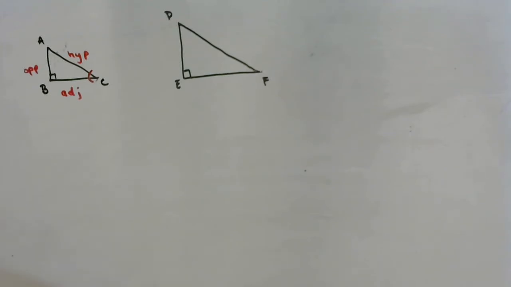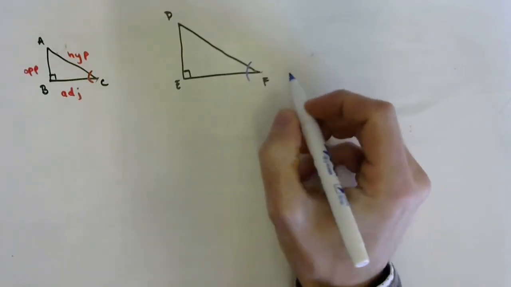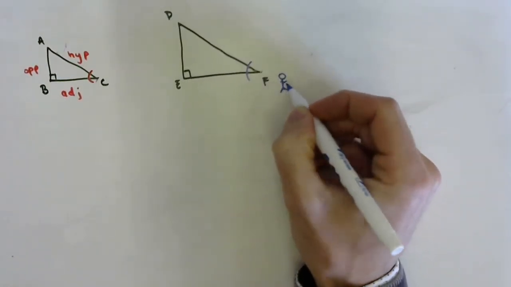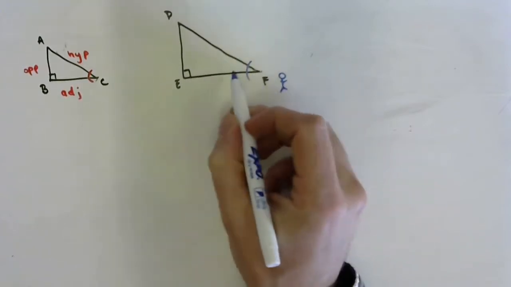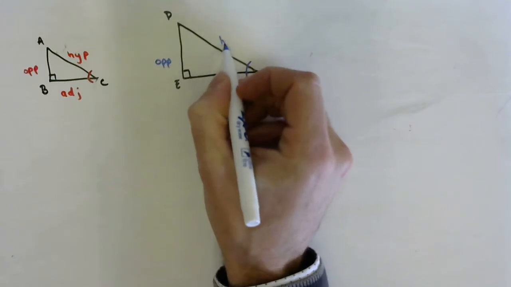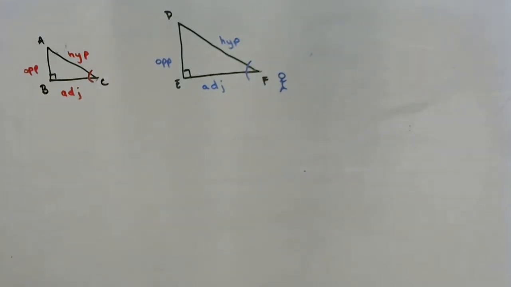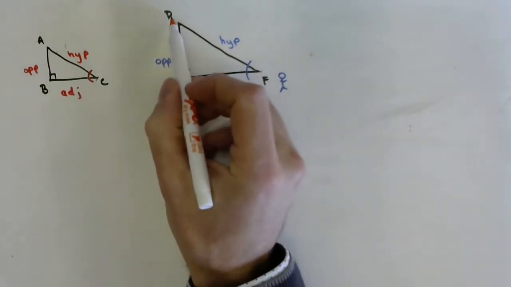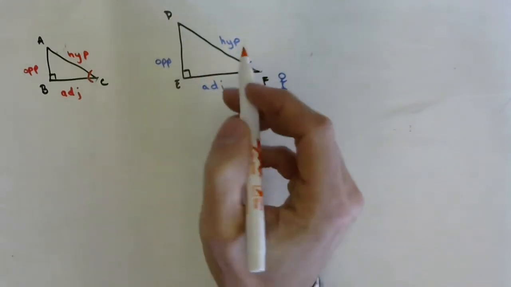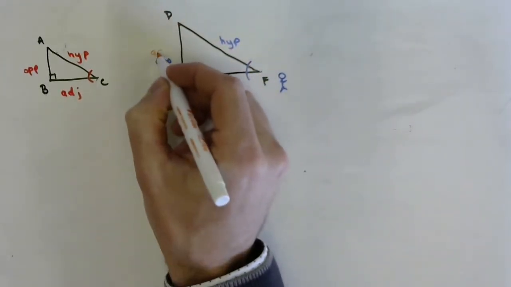Okay? And over in our bigger triangle, we're going to look from angle F. That's another good way to think about this. It's kind of like you're standing over here and you're looking at the triangle from the perspective of angle F, which makes, boom, this one opposite, this one hypotenuse, and this one adjacent. And we could do these exact same questions looking at the triangle from angle D. And if we did that, then this would be opposite, and this would be adjacent.